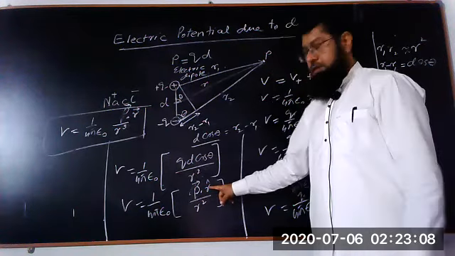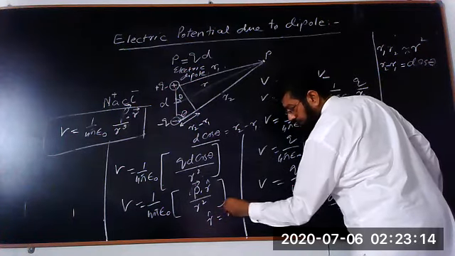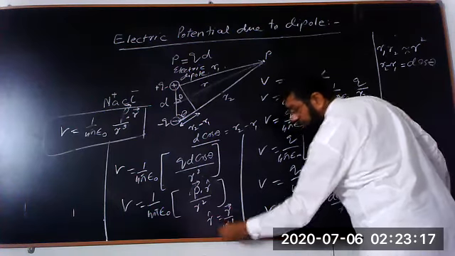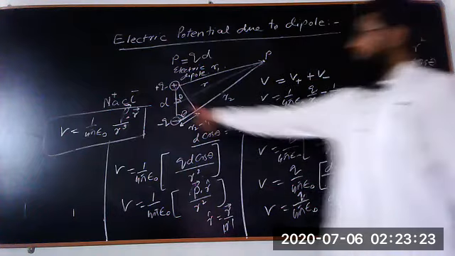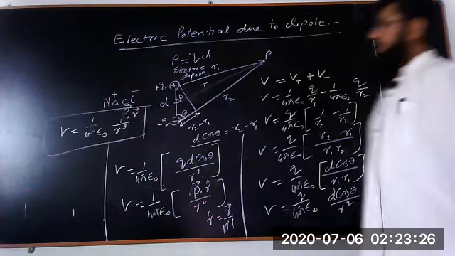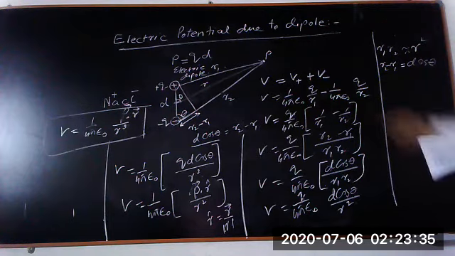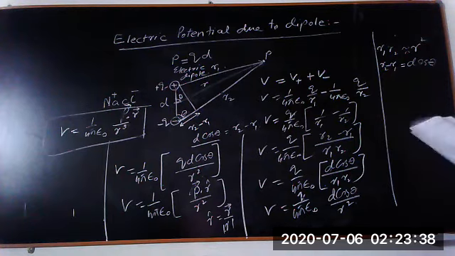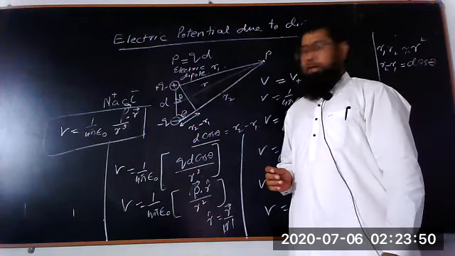So the unit vector R is equal to the vector divided by the magnitude. I multiplied the unit vector, and as a result you get this equation. So this indicates that the electrical potential varies with 1 over R cube in this form; if we cancel R, it varies with 1 over R square. So this is the electric potential due to the dipole. This is one of the applications of the electrical potential. Now let us come to the other equation.